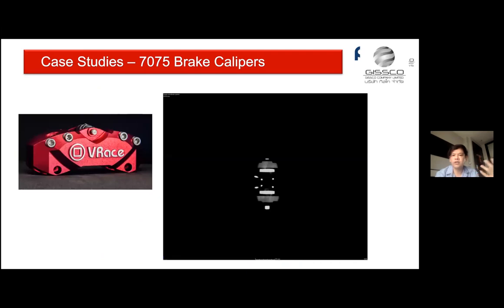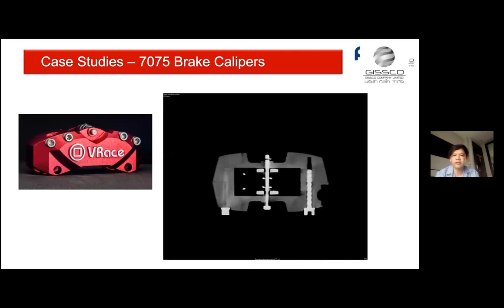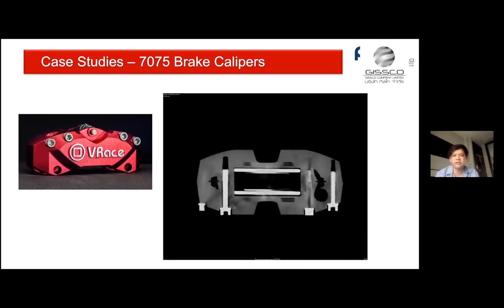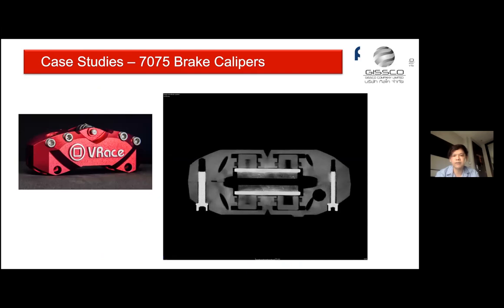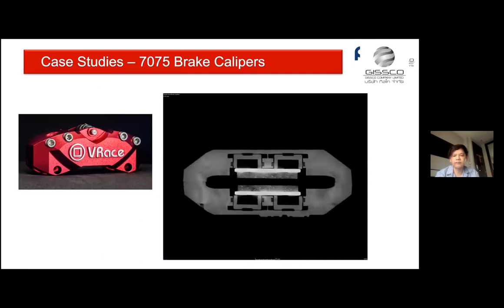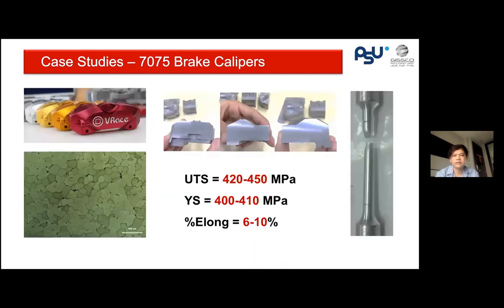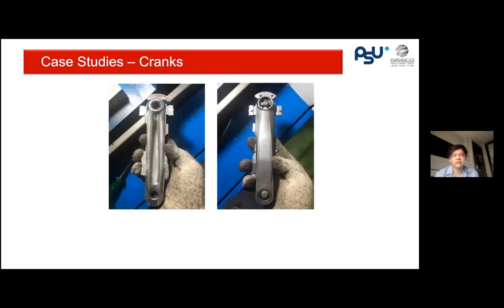And then we did some 3D CT scans, and they found zero porosity in these CT scans, as shown here. We also did some mechanical testing and found about 400 megapascal to 500 megapascal and about 6 to 10% elongation and zero porosity for these alloys.